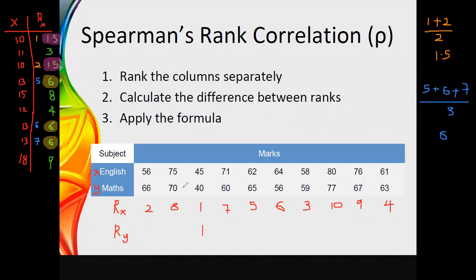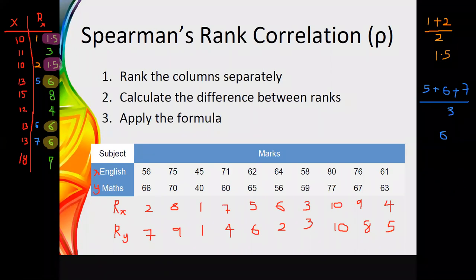The next highest is also 40. Then the next value is 56, then 59, then 60, thereafter 63, then 65, 66, 67, and 70 and 70. Now you can see that this Ry denotes the rankings obtained for the mathematics subject.